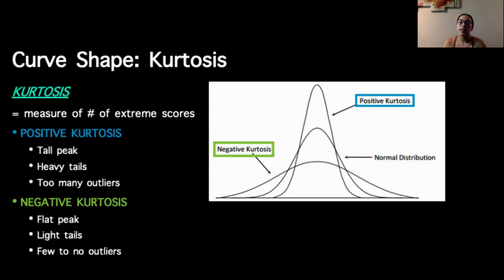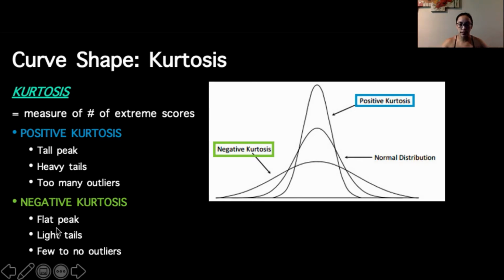Negative kurtosis is the opposite of that, where the peak is more flattened, okay? And in this instance, the curve in general is just more of a flat shape. So flat peak, light tails, meaning that they float off of the x-axis, right?